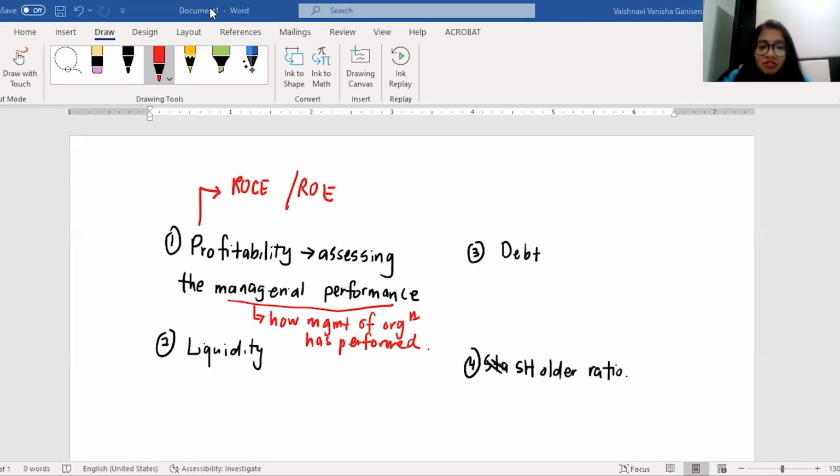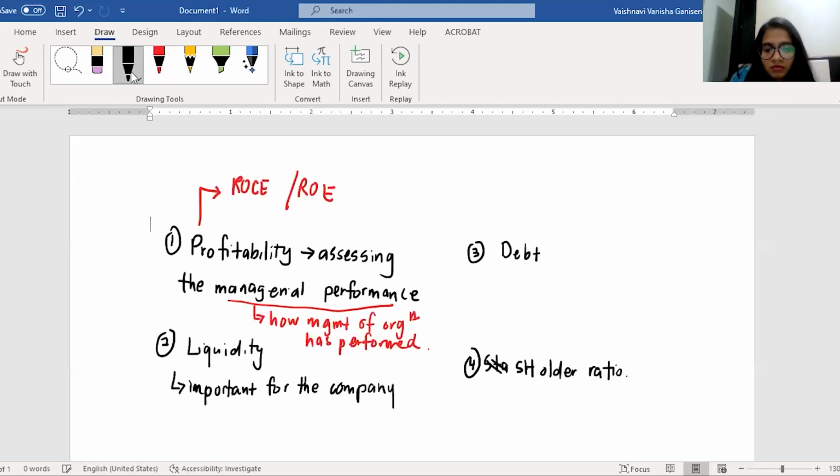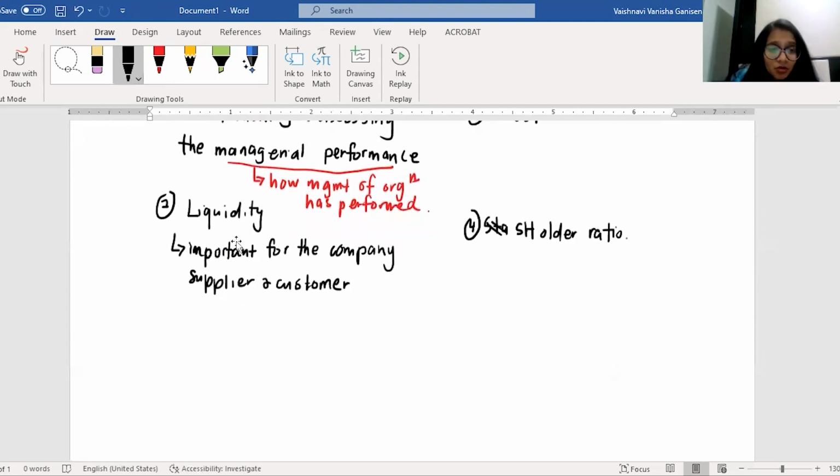So the liquidity ratio, let me write it here. It is important for the company, supplier, and customer. Why? Because it gives a gauge, I'm just going to use that word here.